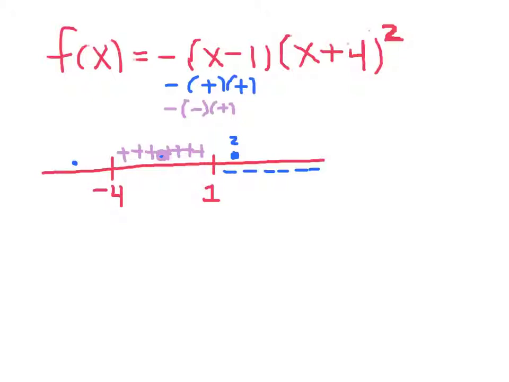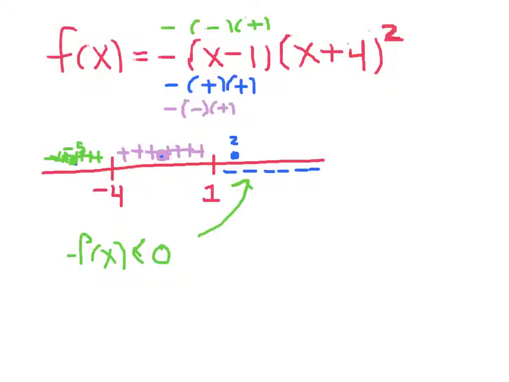If I were to put a point like -5 into the equation, so let's say this represents -5, this would be a negative times -5 minus 1, which is -6, times a positive. So at -5, that would make plus, so these will all be pluses. And then you could answer a question like, where is f of x less than 0? That would be this section, all the negative numbers. And you could say that would happen from 1 to infinity.